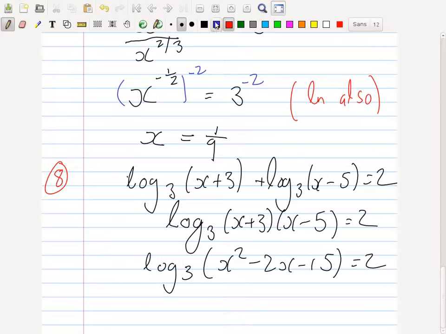What that means is 3 to the power of 2 will equal x squared minus 2x minus 15. That's what log essentially means: 3 to what power gives me this? 3 to the power of 2 will give me this.